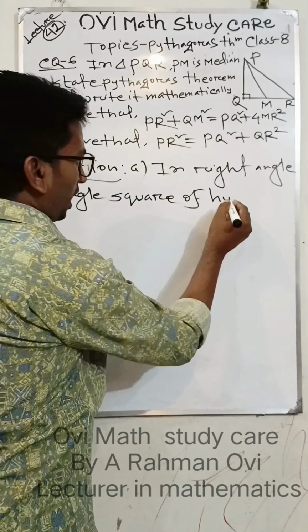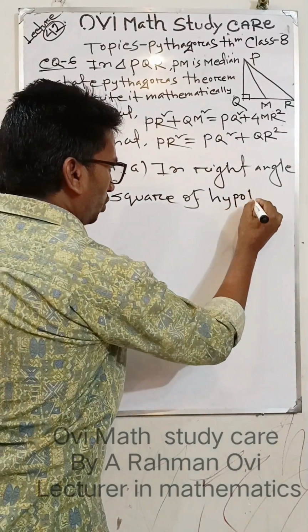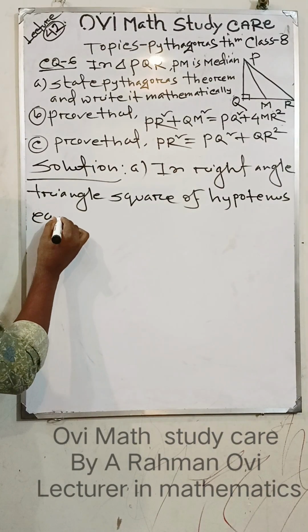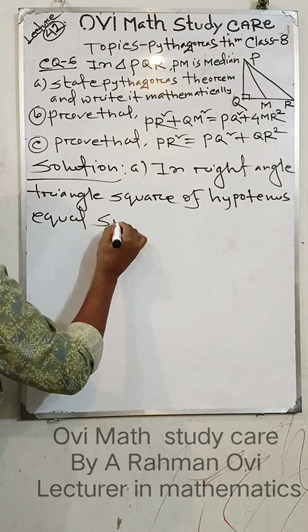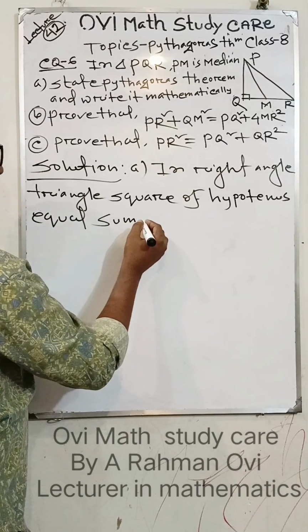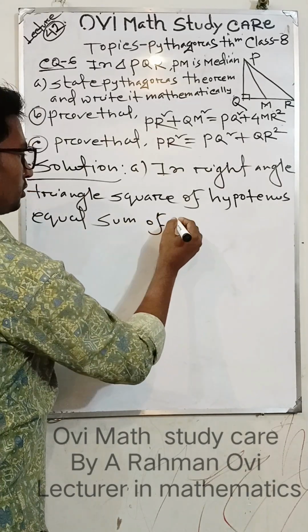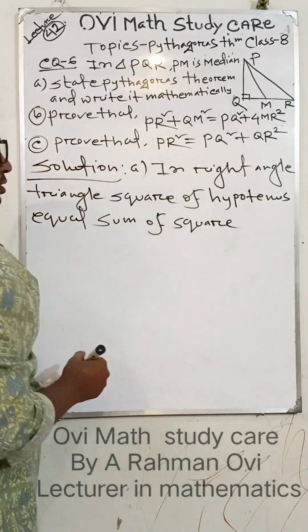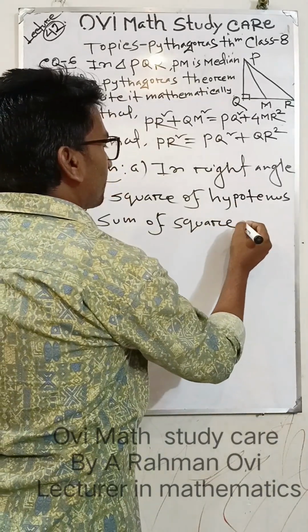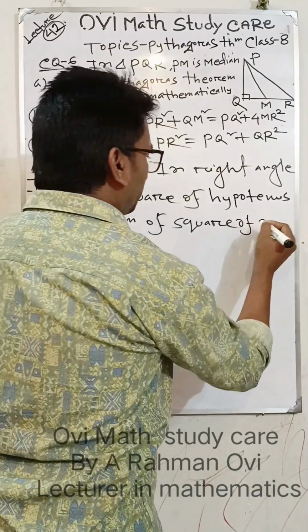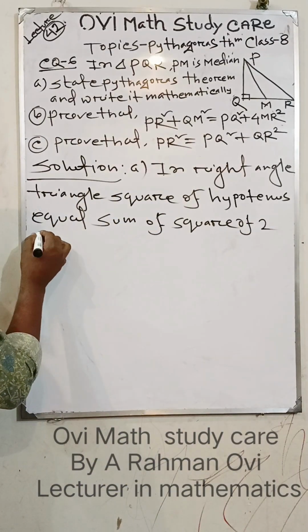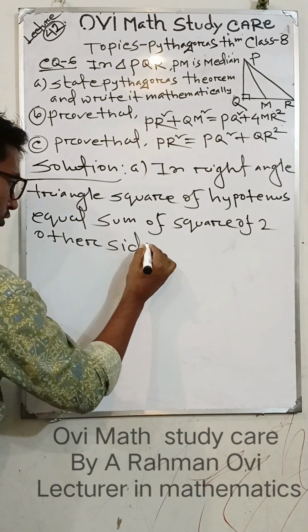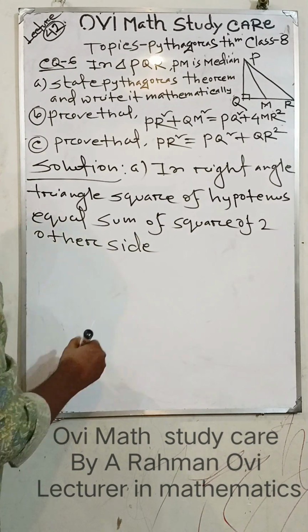square of hypotenuse equal to sum of square of two other sides.